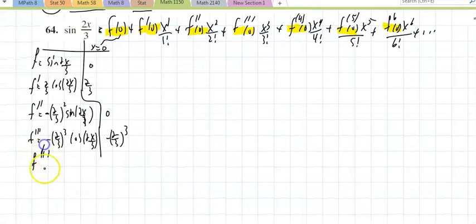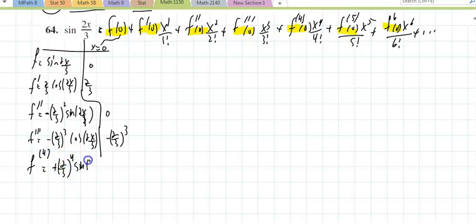The fourth derivative, that doesn't look good. The fourth derivative is going to be positive 2/3 to the fourth, the sine of 2x over 3. At 0, that's 0, and maybe the fifth derivative, that is 2/3 to the fifth power, the cosine of 2x over 3, and at 0, that is 2/3 to the fifth.